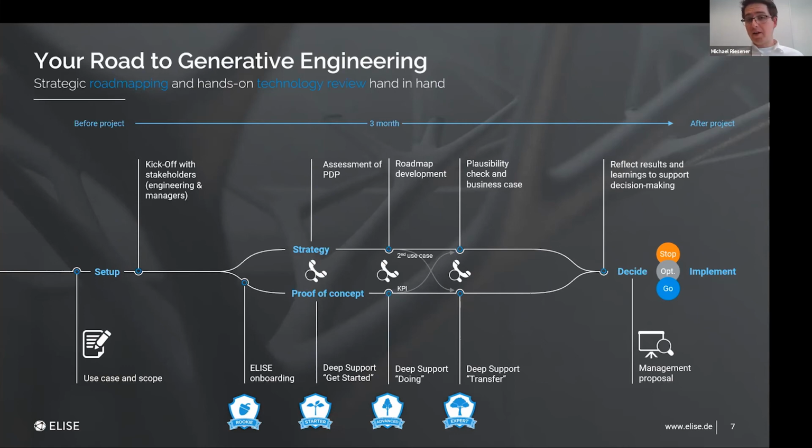And finally, with the KPIs that we learn from the proof of concept that Moritz will point out later on, we of course integrate them into a business case at the end. So we do a plausibility check. We see, well, the proof of concept shows a decrease of development times, for example, by 40% in this specific point.